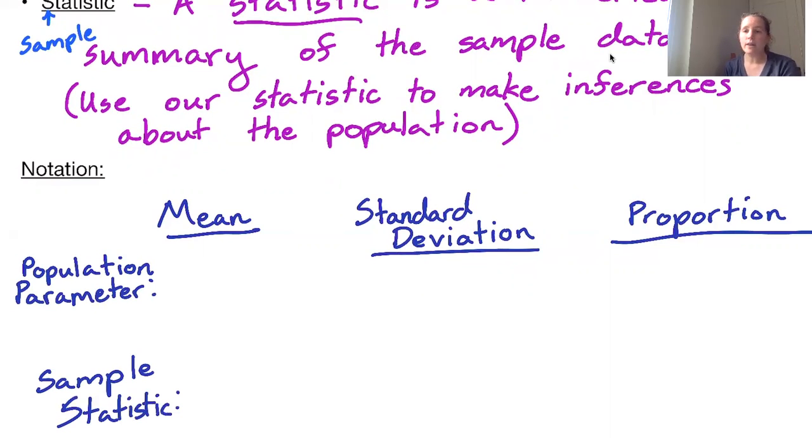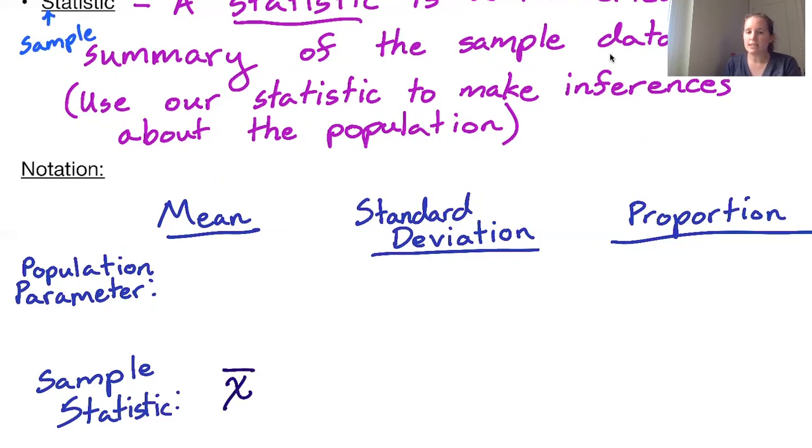We have already actually seen the symbols for the mean and standard deviation for both the sample statistic and the population parameter. Our sample statistic for the mean was that X with a bar on top.